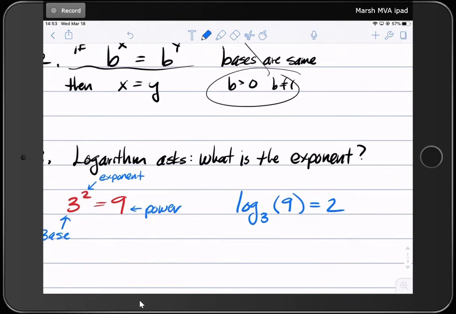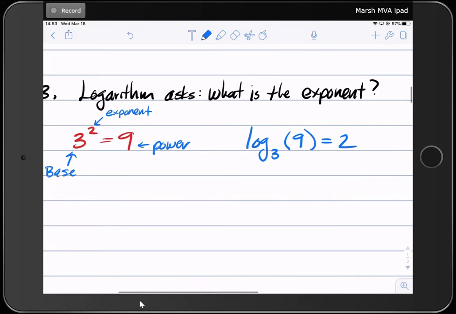Notice that my base is dropped below the line, so you get to drop the base. But the 9 and the 2 are all written on the same spacing of the line as normal. Do not raise the 9 up as an exponent. It's not a superscript. The only change to the scripting format here is the 3 has to be dropped below.